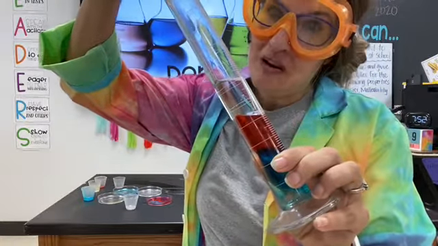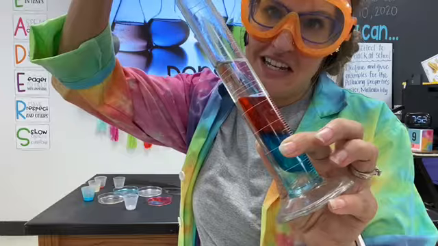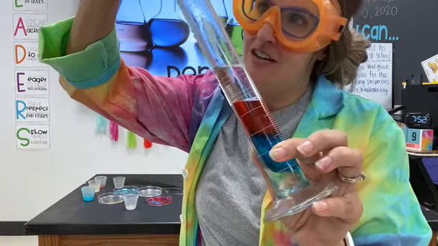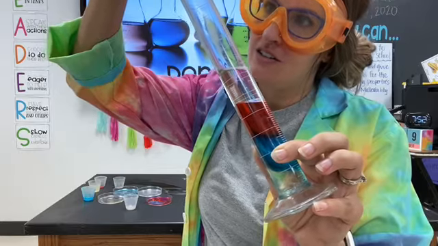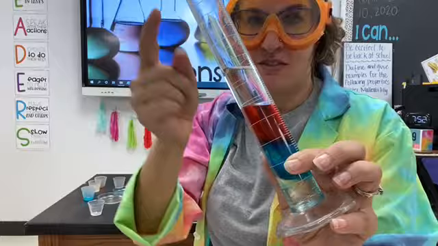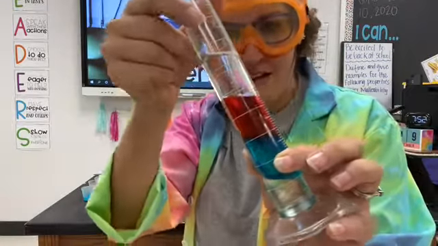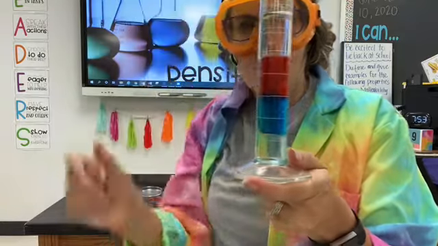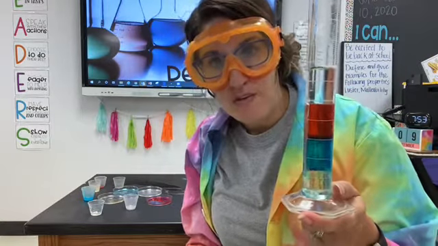And what's cool about this, and this is probably my favorite, is you can see it running down the side between all the colors. Okay. So we can watch it, but then look down here. So now we have a fourth liquid.